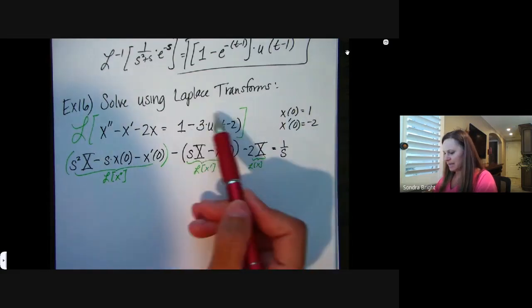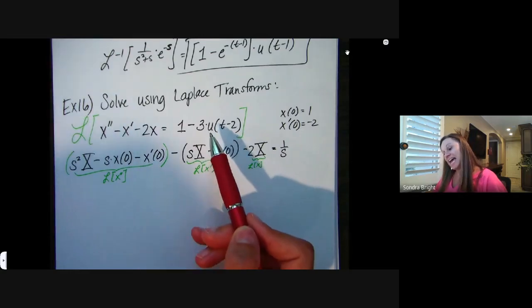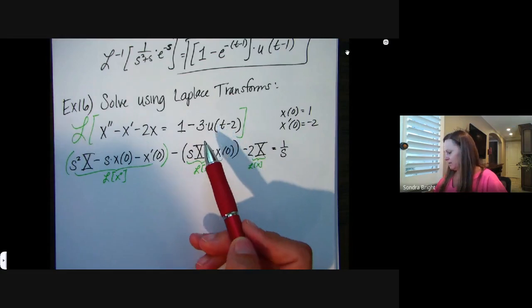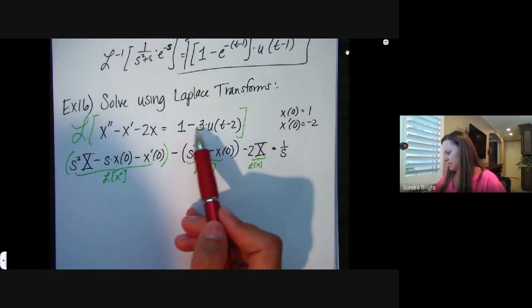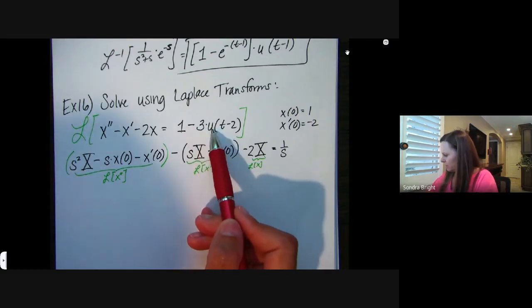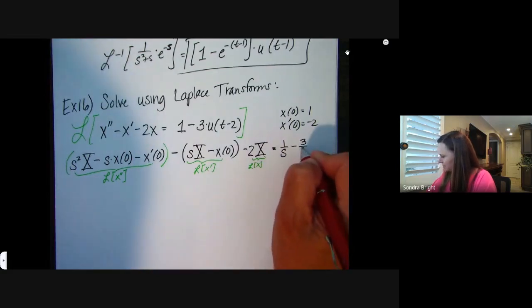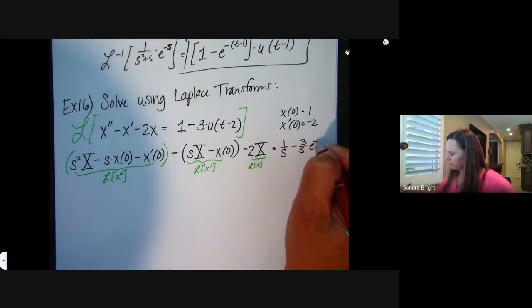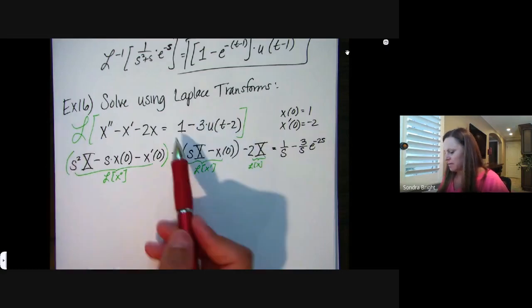In fact, if you look back at example 10, we figured out what the Laplace transform of a constant times the unit step function is. And so you end up with a minus 3 over s times e to the negative 2s. Look back at those notes, but that's the Laplace transform of the right-hand side.